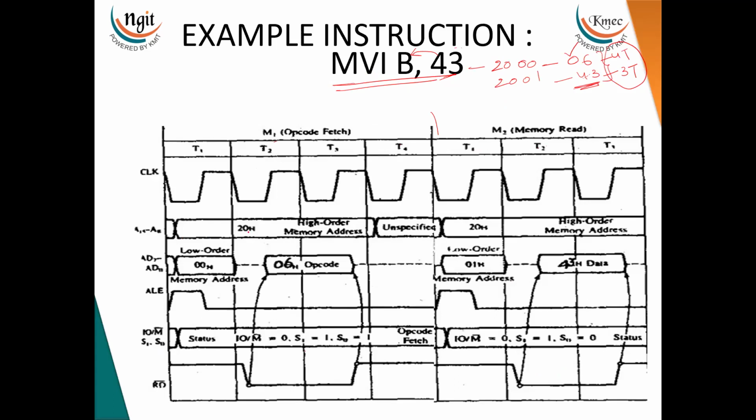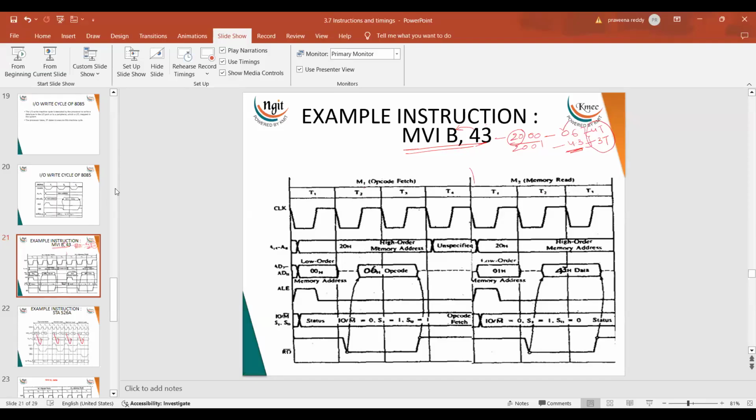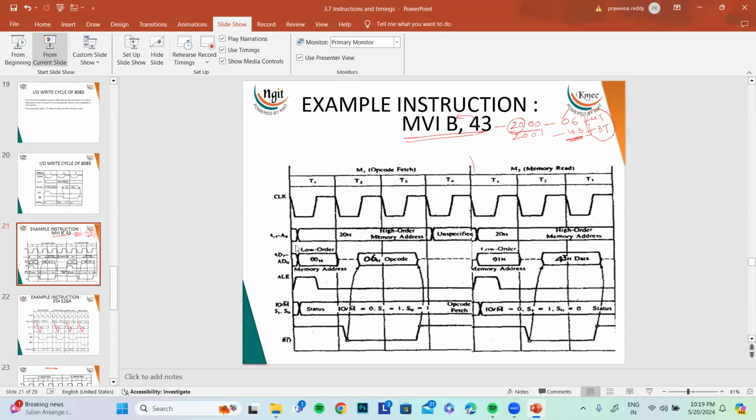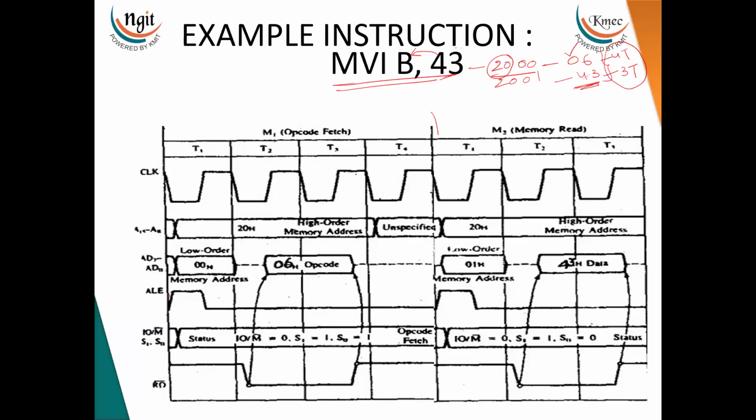Here you can see that 2000 is the address. So 20, the higher order address, is placed on the higher order bus, and 00 is placed on the lower order bus. ALE is applied for the first clock cycle, and after that it is 0.